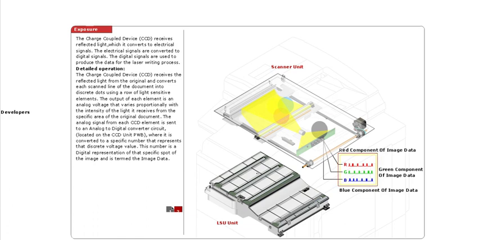The analog signal from each CCD element is sent to an analog-to-digital converter circuit located on the CCD unit PWB, where it is converted to a specific number that represents that discrete voltage value. This number is a digital representation of that specific spot of the image and is termed the image data.